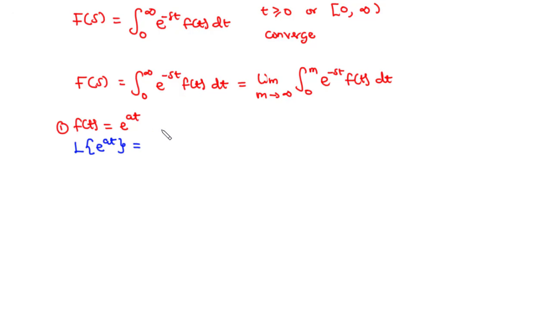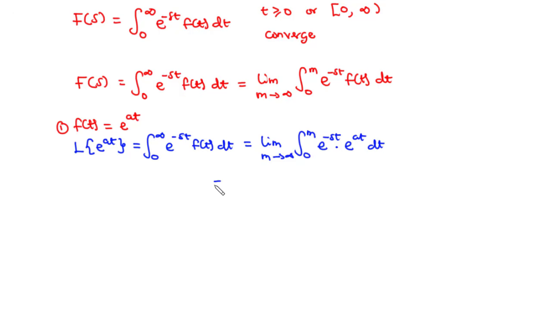So this is equal to the improper integral from 0 to infinity of e to the power negative st times f of t dt, and this is equal to the limit as m approaches infinity of the integral from 0 to m, and then we have e to the power negative st times f of t, which is e to the power at dt. Now let's try to solve this.